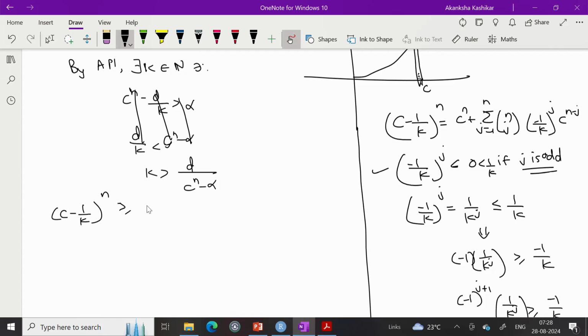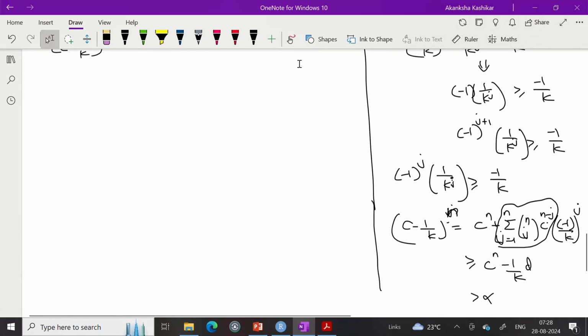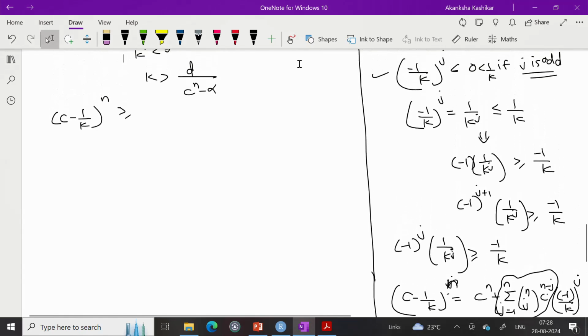So we will start with this. By AP1 there exists k in N such that k is greater than d upon (c^n - alpha).